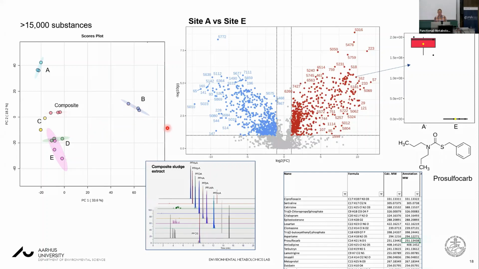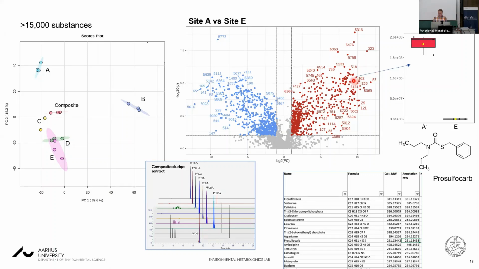So we also tried to do this differential analysis between two sites, where you look at the log fold change between two sites and the minus log 10 p-value. So the higher up here on the y-axis, the more significant, and the further out on the sides, the more change in concentration it is.